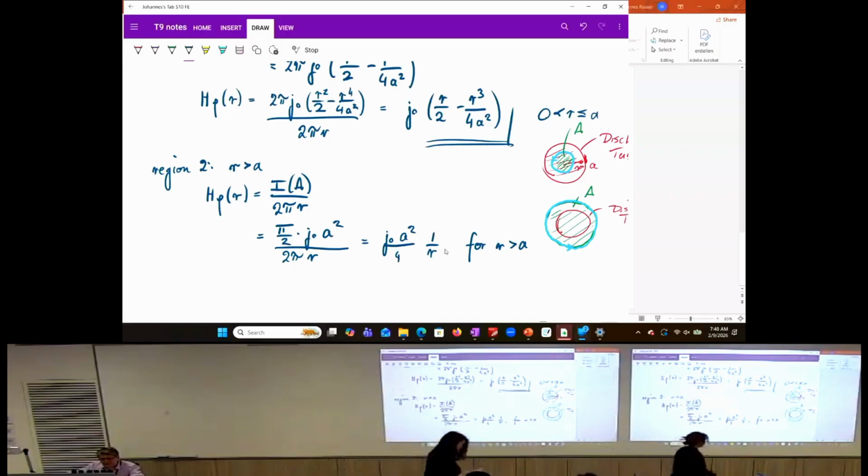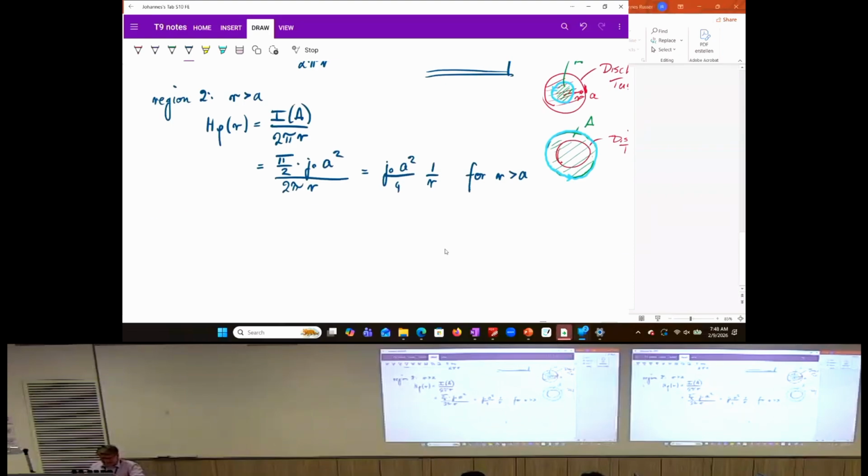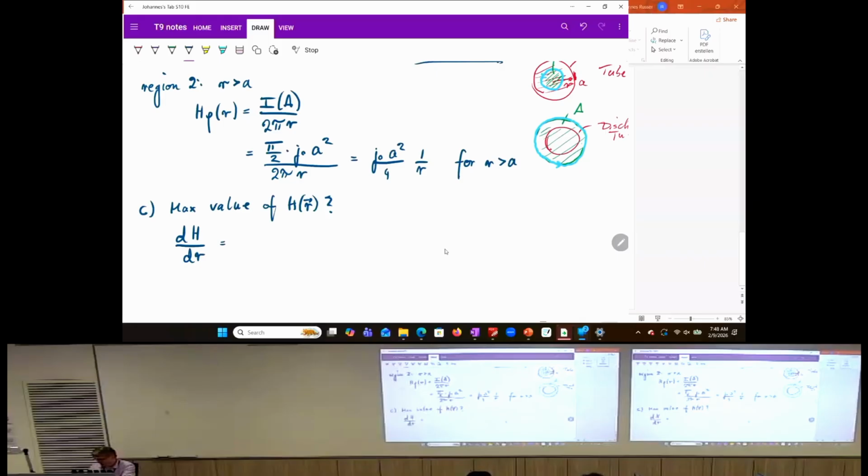Now C is: at which distance r sub m from the cylindrical axis does the H phi retain its maximum value? What is the maximum value? Well, we have to take the derivative of the H field with respect to r, because you want to get the max value of a function.